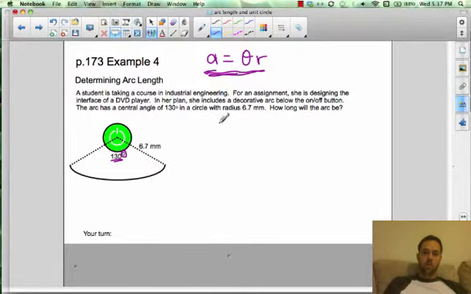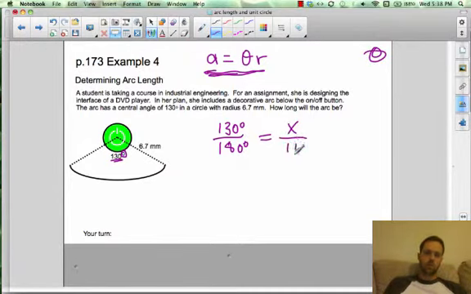Alright, so we start with 130 degrees. Now, 130 degrees relates to 180 degrees in the same way that our unknown value x relates to pi.